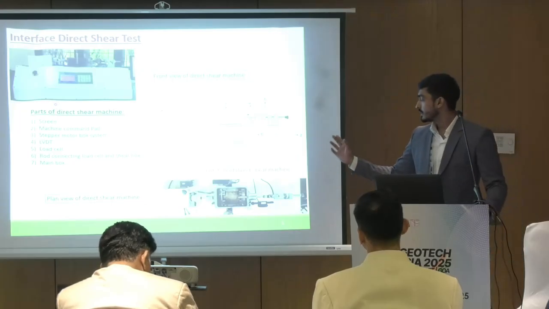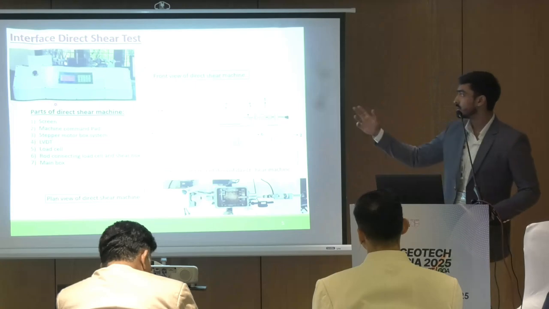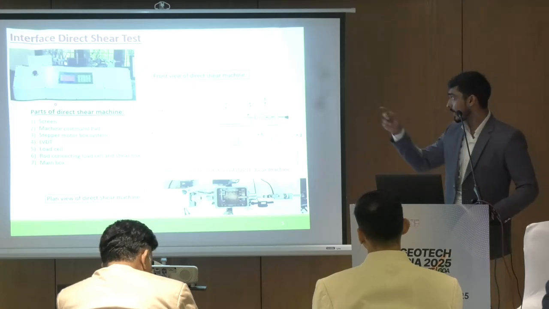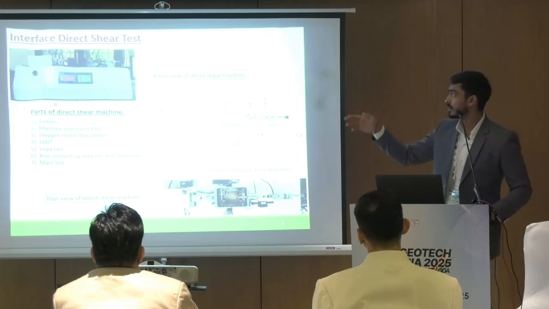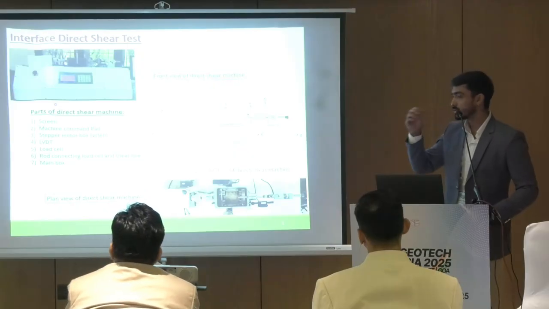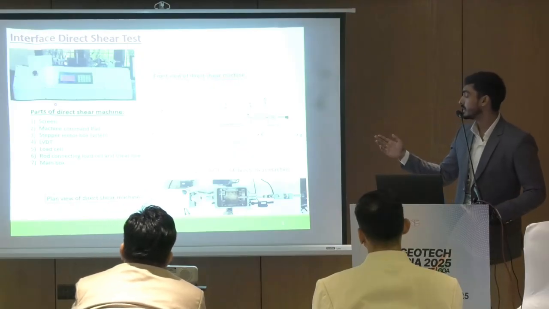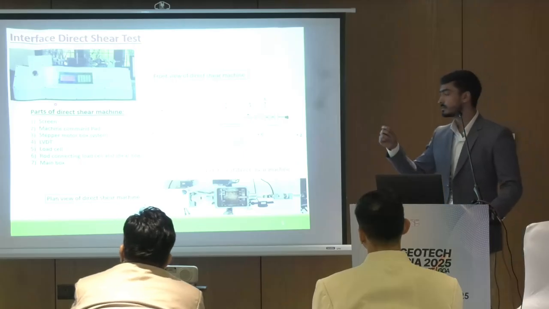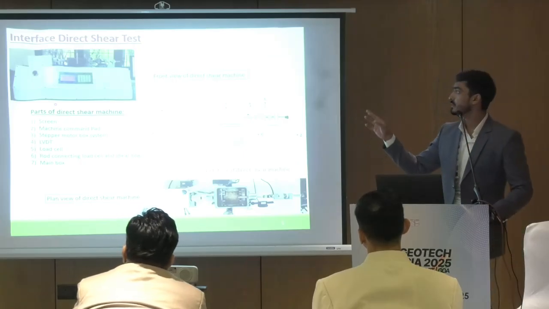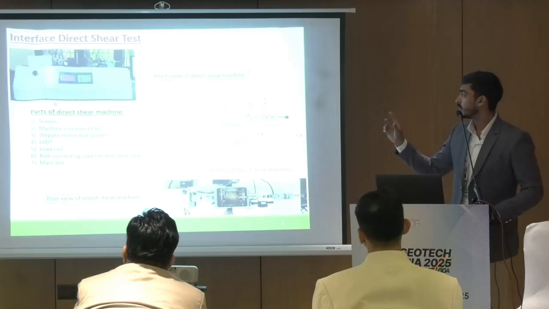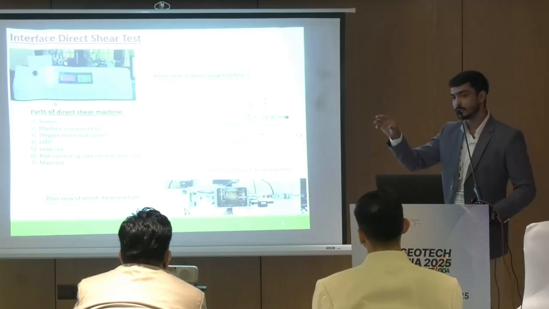In the direct shear machine, the normal stress which is coming on the soil sample is through a stepper motor based feedback mechanism, because as we know, if there is a motor based system, there will be a fluctuation of loading.